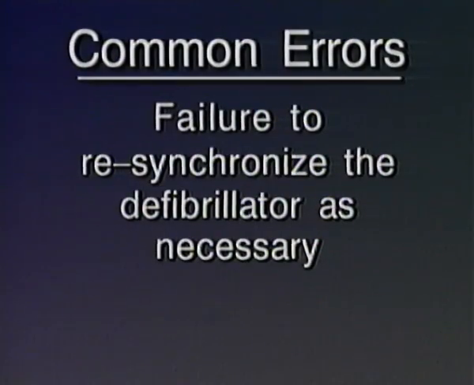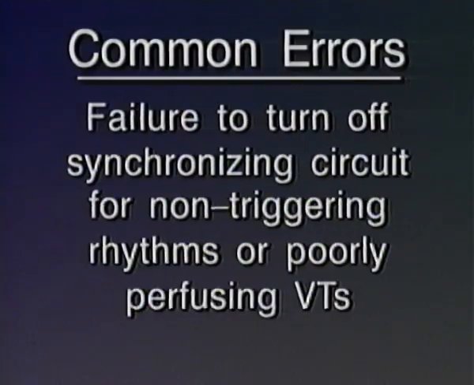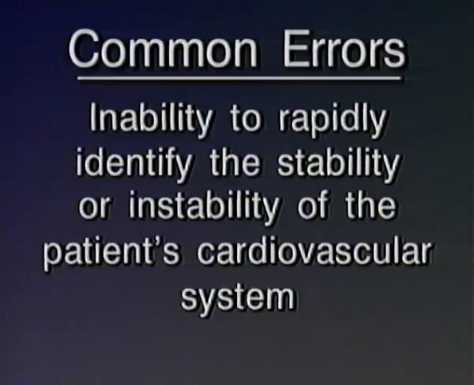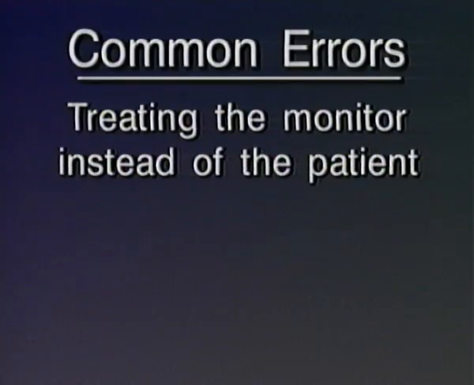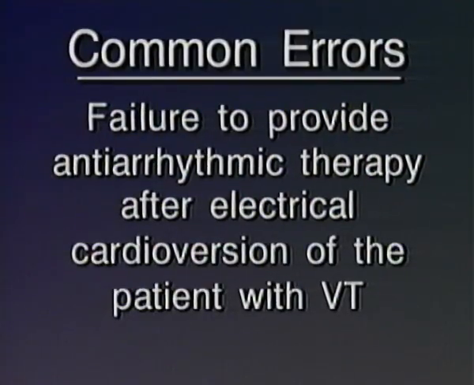Some common errors in a situation like this include failure to resynchronize the defibrillator as necessary, failure to turn off the synchronizing circuit for non-triggering rhythms or poorly perfusing VTs, inability to rapidly identify the stability or instability of the patient's cardiovascular system, failure to follow up with a history, physical, and identification of the possible cause of the arrhythmia, treating the monitor instead of the patient, and failure to provide antiarrhythmic therapy after electrical cardioversion of the patient with VT.